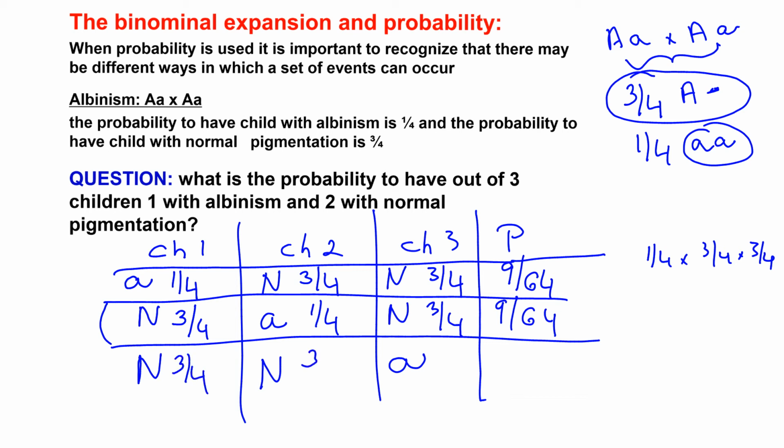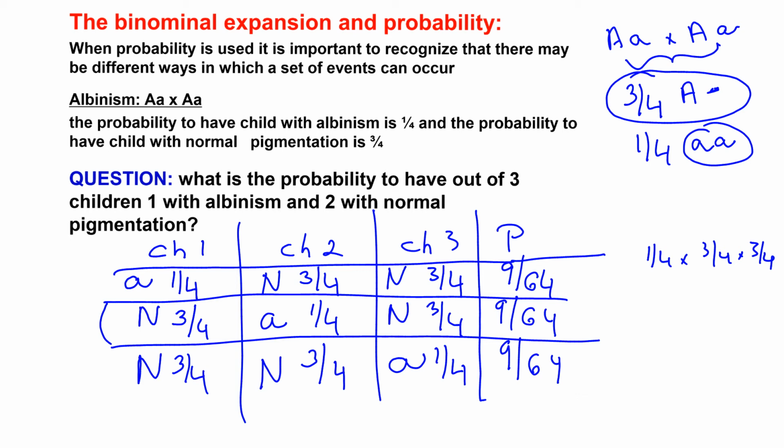Now read the question carefully. It does not ask about order. It just asks what is the probability to have one albino child out of 3. So how can it happen? It can be either scenario number 1 or scenario number 2 or scenario number 3.